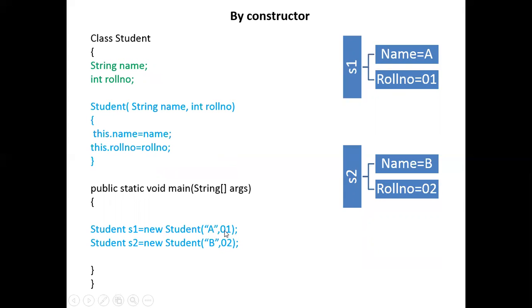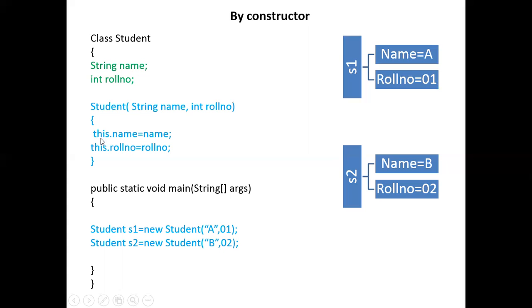The name is passed to this name parameter, and 01 is passed to the roll number parameter. Here we can assign the values received, A and 01, to these instance variables.